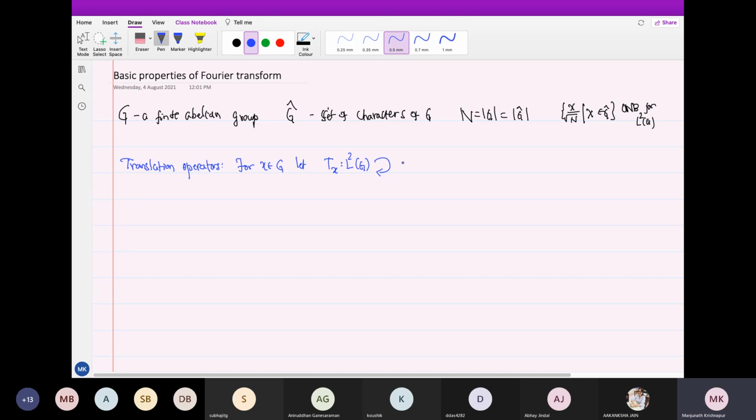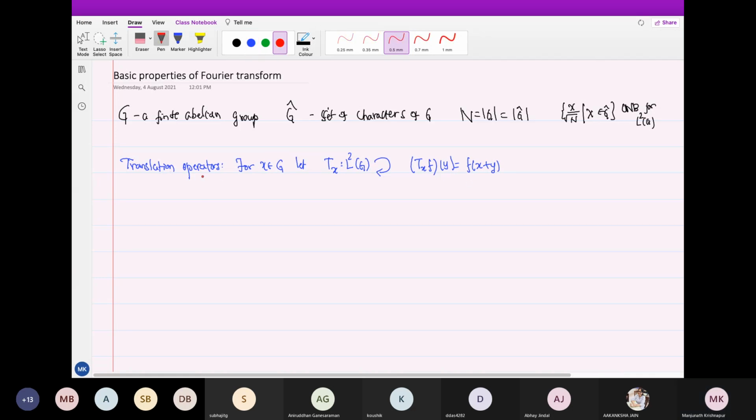It's a linear transformation defined like this. How does it act on a function? It just translates the function by x. It's the same function translated by x. These are called translation operators. For every x in the group, we have one operator like this.